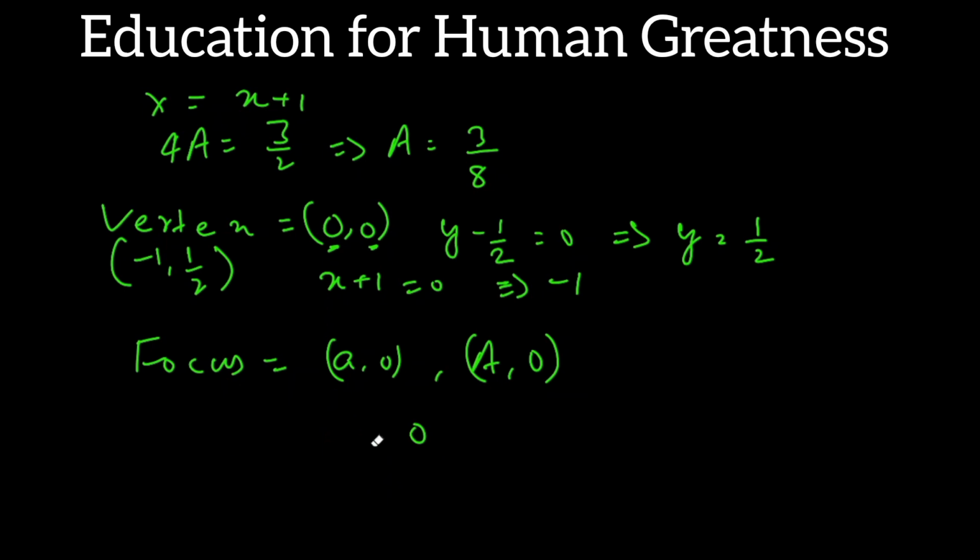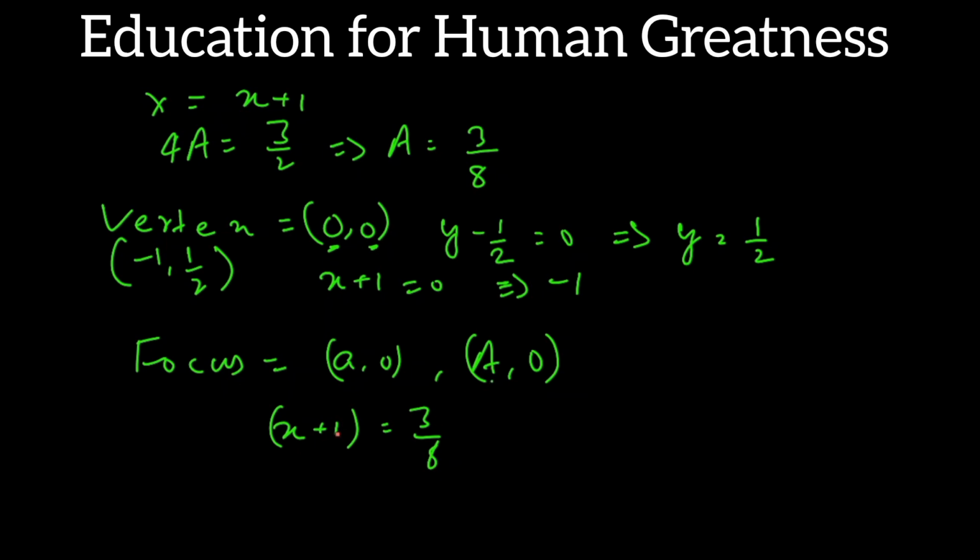So the x coordinate in this case is x + 1, and it is equal to a. A means 3/8.